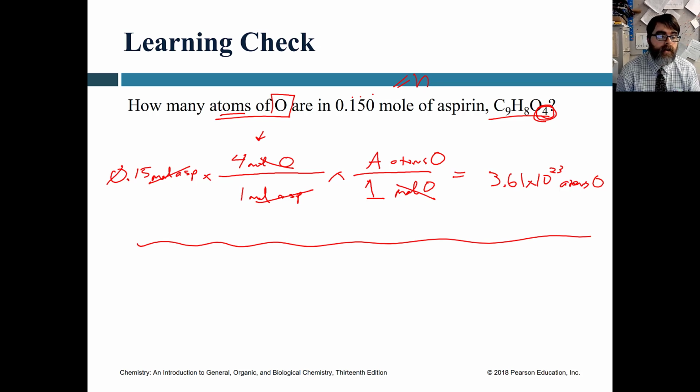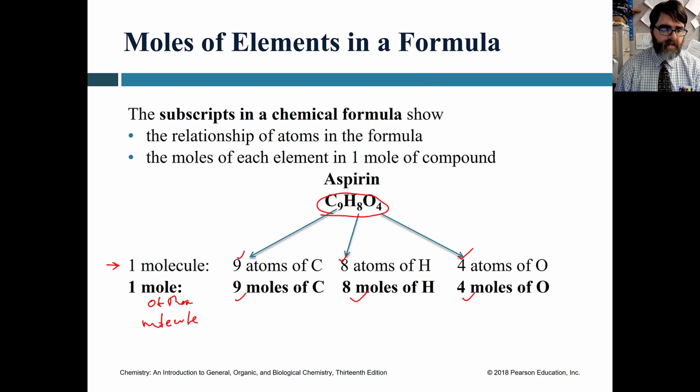We could instead go to the number of molecules of aspirin we have first. The way that I did it the first time was using the moles of the molecule and going to the moles of oxygen. The way I'm going to do it this time is I'm going to use the moles of the molecule to get us to the number of molecules and then get us to the number of atoms.